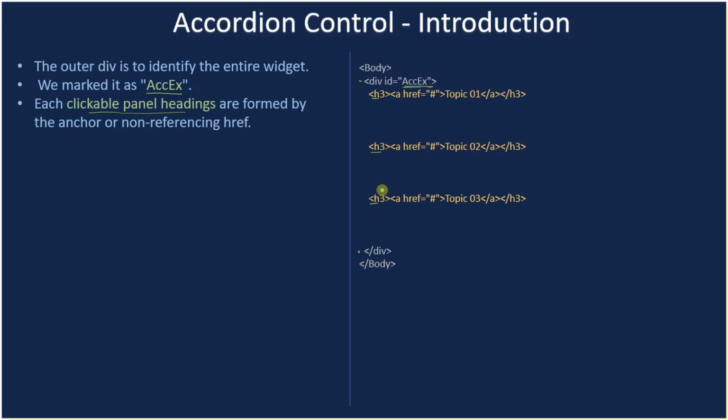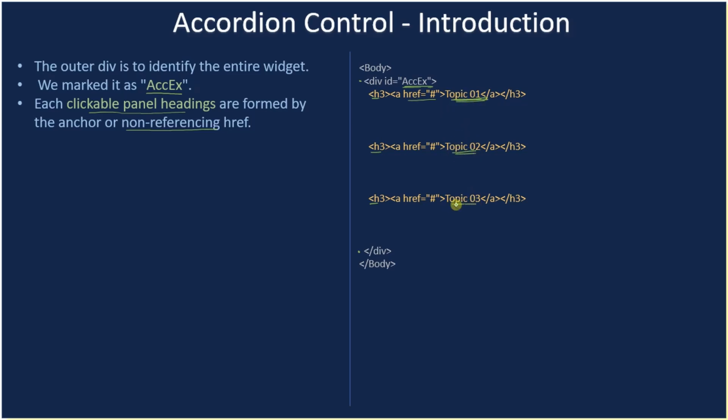You can have a heading or any other decorated element. Here we are simply using the heading 3, right? Then we are forming an anchor with the href hash, right? So that's why here we are talking about a non-referencing href. It is not referring anything. We just place hash, and this is the topic, right? Accordion controls heading here we are providing.